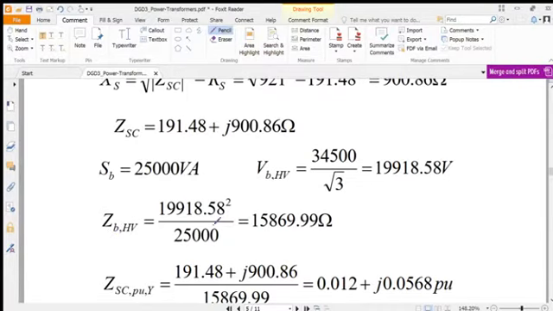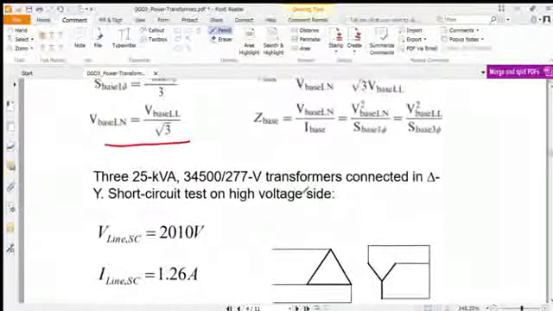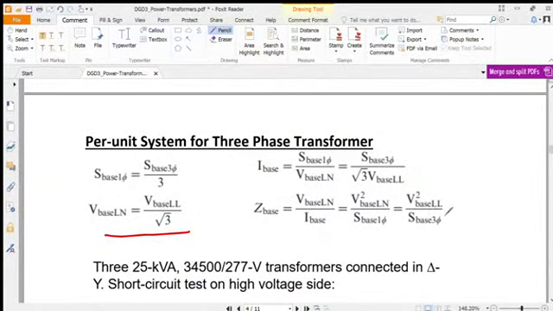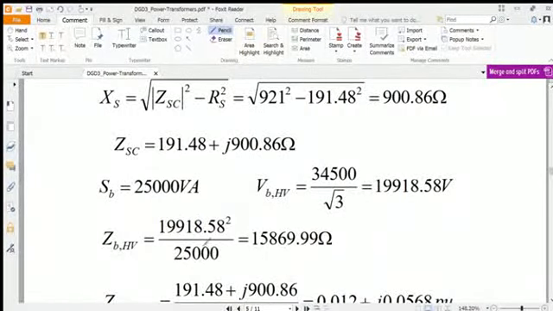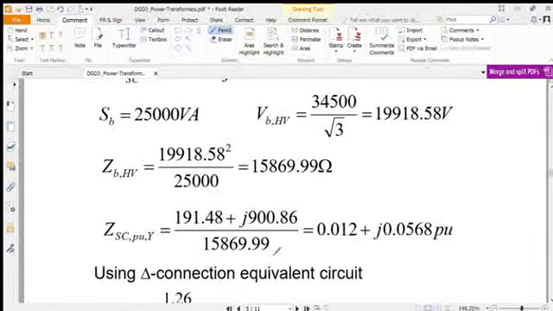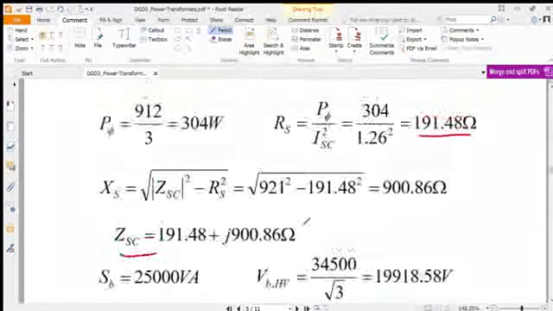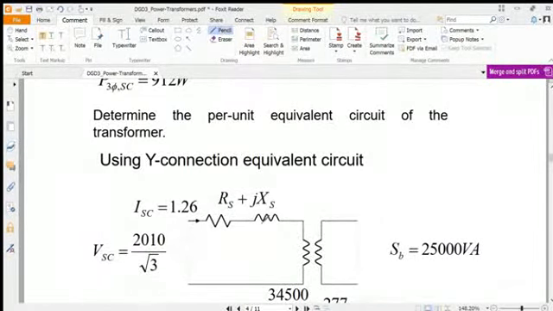Just follow the same formula: V base square divided by volt ampere. Now the per unit value is defined as the actual divided by the base. Here is the actual, here is the base, and here is the per unit value. So this is the answer. If we put the values over here, we'll get the equivalent circuit in per unit.